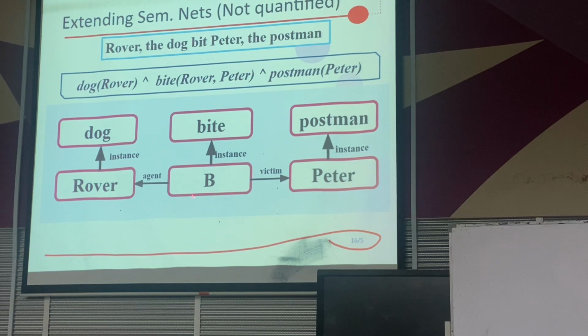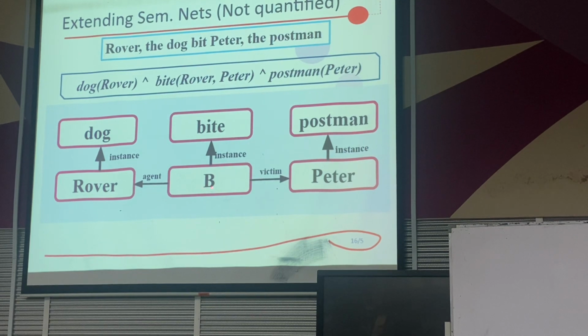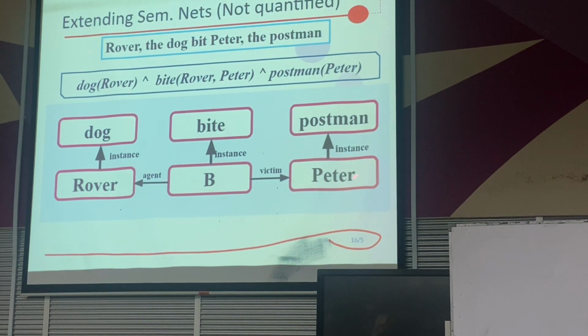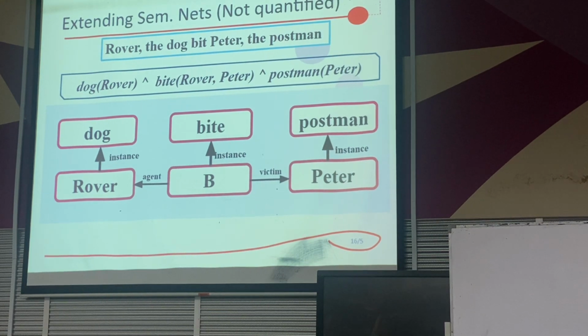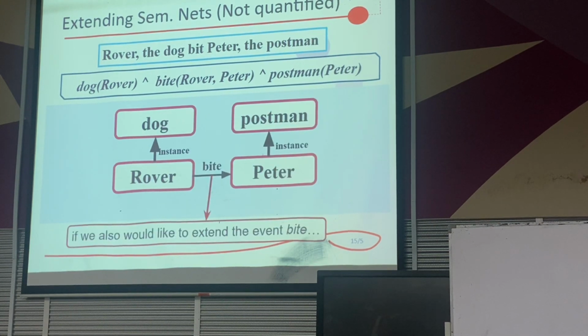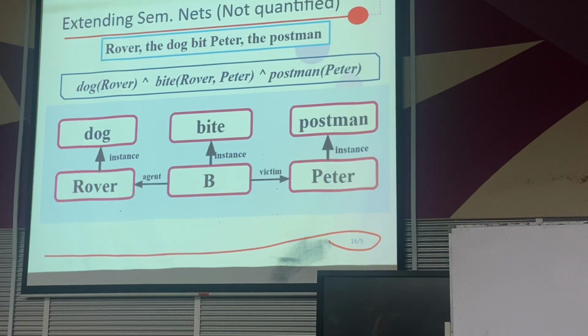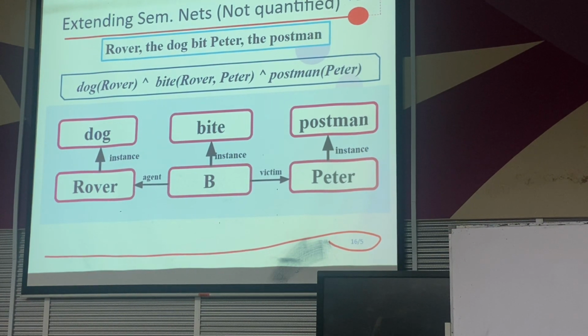So in this event here, who is the agent? Rover. What is Rover? Rover is the example. Inside this event, who is the victim? Peter. Peter is one of the examples of the postman. So there's no wrong or right. You can use this way or you can use this way. It's up to you. Okay, so this is a non-quantified semantic network. Non-quantified means that the event is specific. You know that Rover will bite Peter.